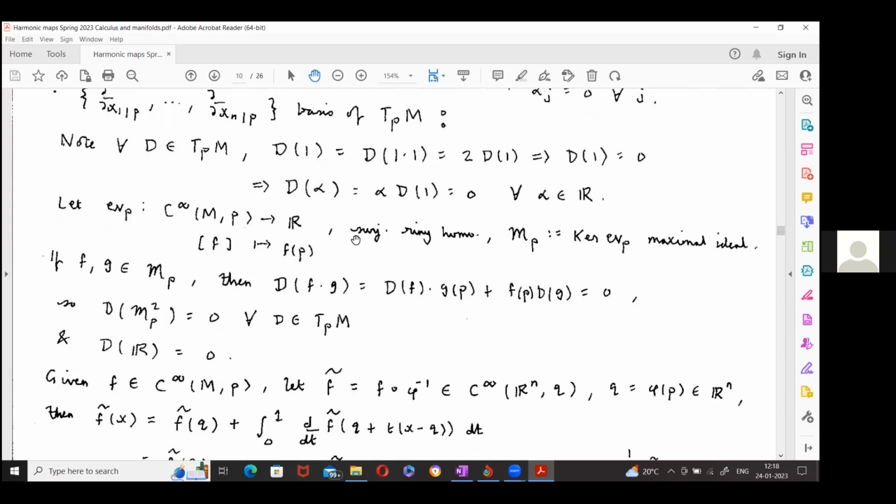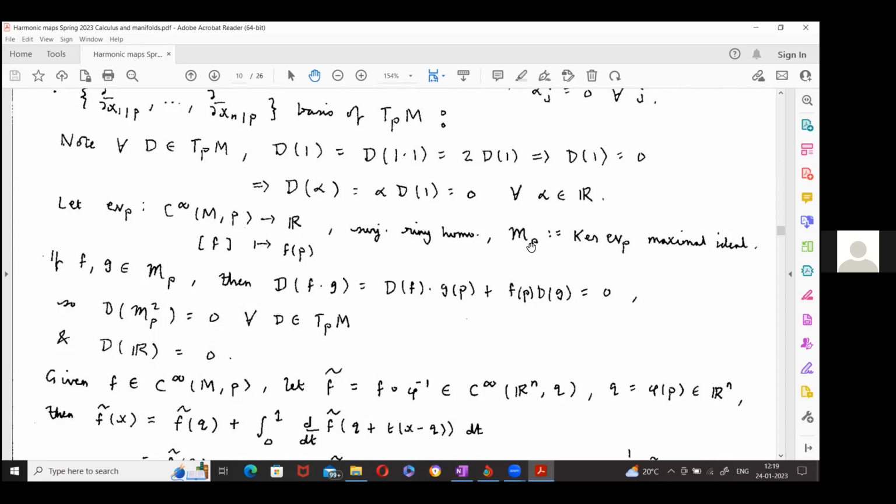And it's surjective, since for any real number alpha, you just take the constant function alpha. So its kernel, which is the set of functions vanishing at P, will be a maximal ideal. Let's call this maximal ideal M sub P.